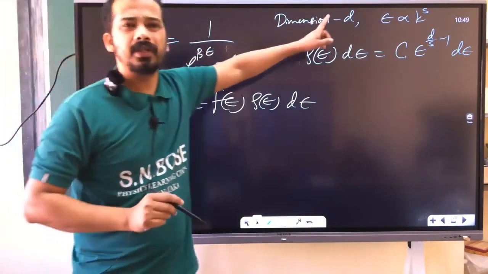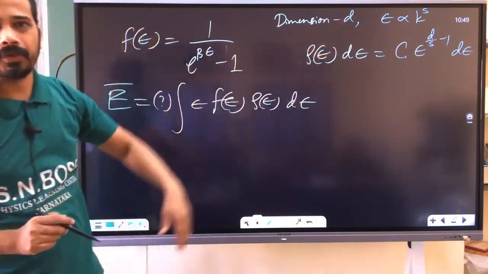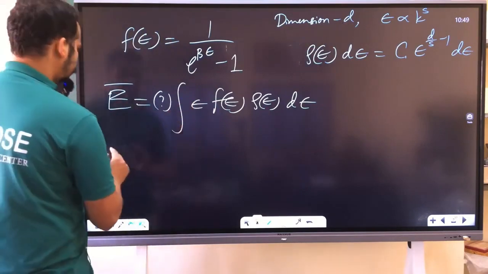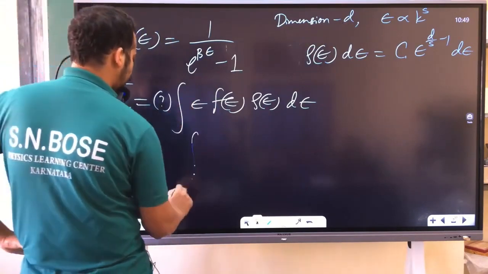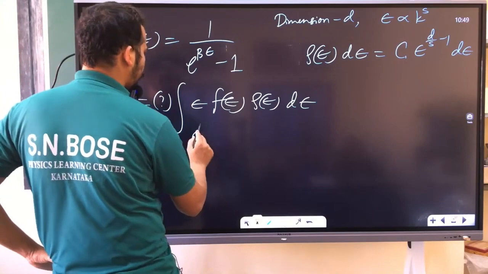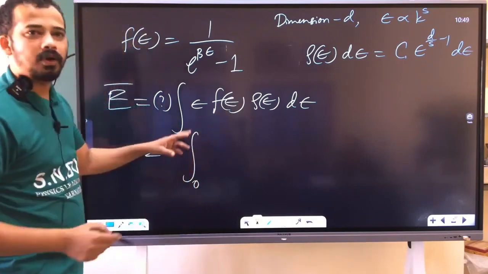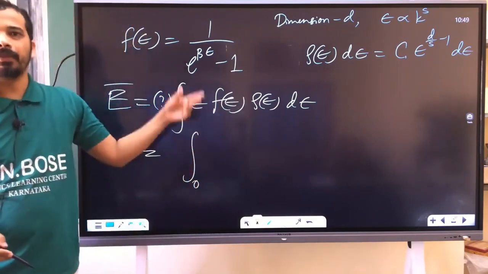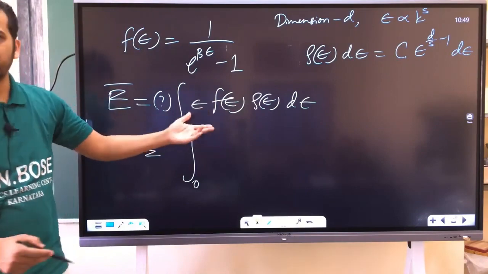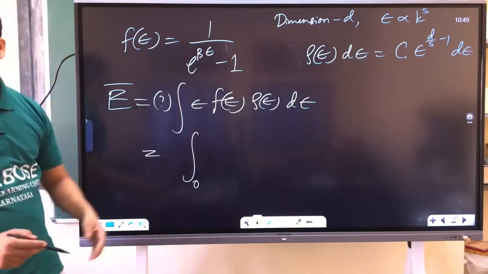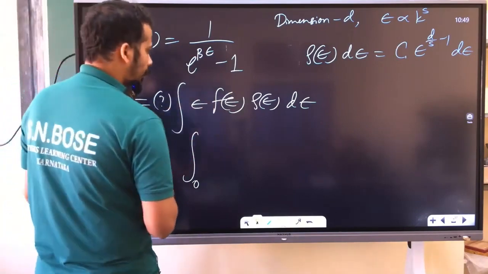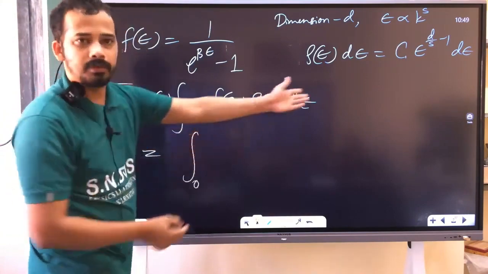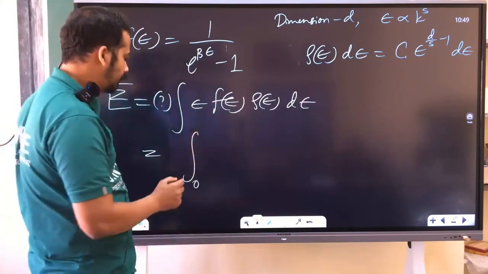Usually they have taken dimension 3 only in the problem. But whatever. Then what you need to do here is, it's actually 0 to, I better write omega d. We write in terms of omega d in case of Debye theory, but later we can make it 0 to infinity actually. Or you can write in terms of h bar omega like that. That's left to you.